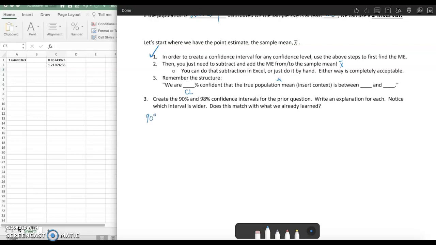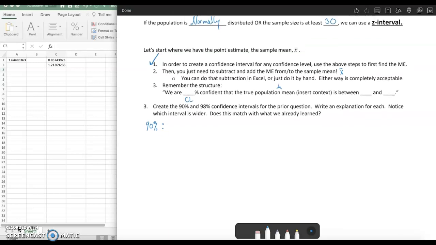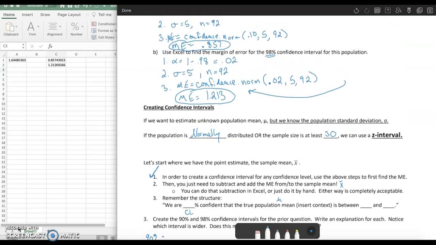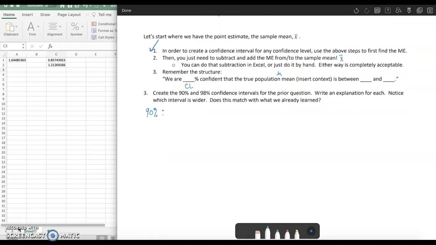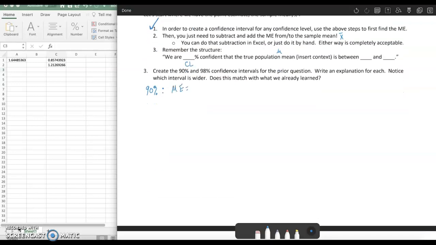So when I make my 90% confidence interval, I'm going to start with the fact that the margin of error that we found was 0.857. Now just remember, when you're doing one of these from scratch, you will have to go through those prior calculations and find that first. But since we already did that, we're just going to steal it.